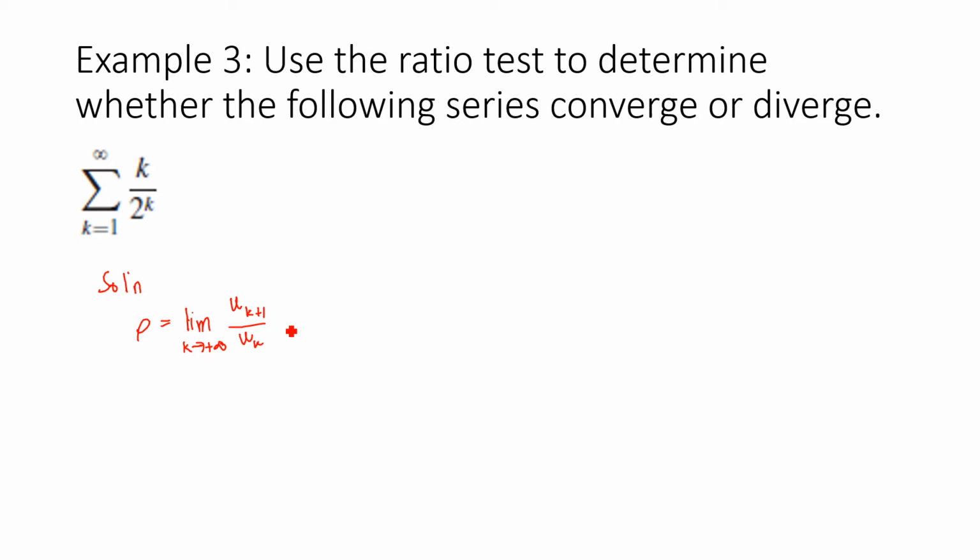So we have the limit of k plus 1 over 2 raised to k plus 1, over k over 2 raised to k, as k approaches positive infinity.